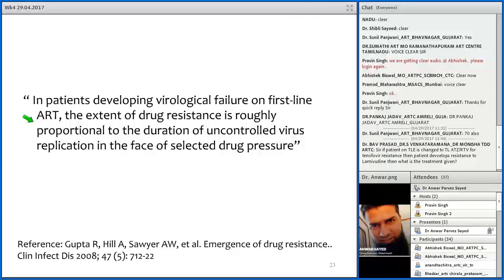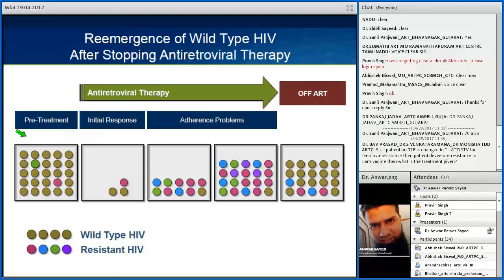So this is the takeaway from this slide: if you find that there is an immunological failure, we should not continue the same patient on the same failing regimen for a long time. Even though we say that unless second line is initiated, first line is not stopped, that is for another reason. But there should not be a delay from identification of a failure to switching to the second line treatment.